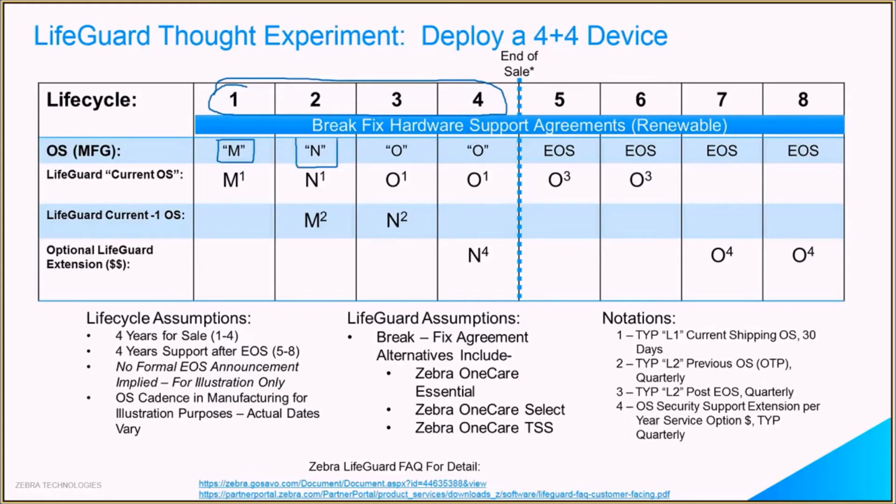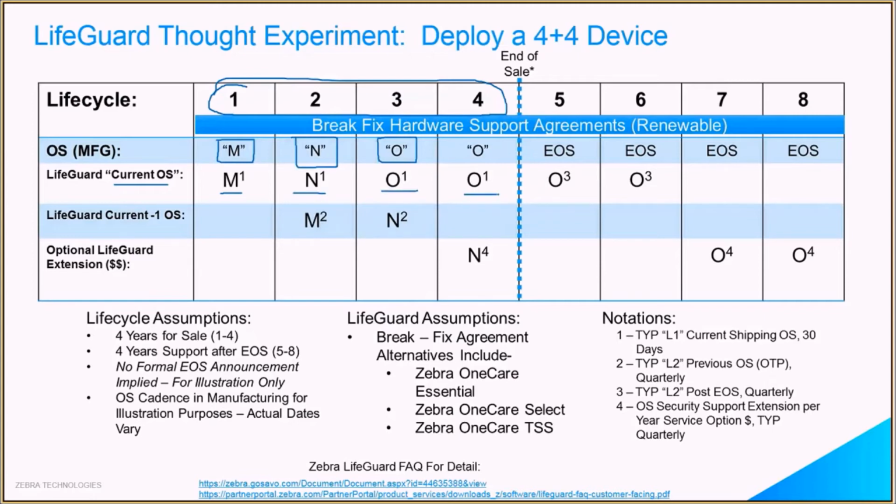We then transitioned to N, and like I mentioned, we'll be transitioning to O for the last couple of years of that device. You can see that the current OS in manufacturing, you get what is the current OS for patching. So this is the operating system that's on the 30-day cadence in each of these same time frames.